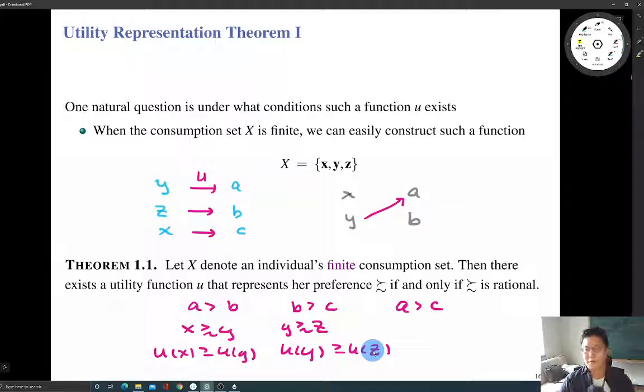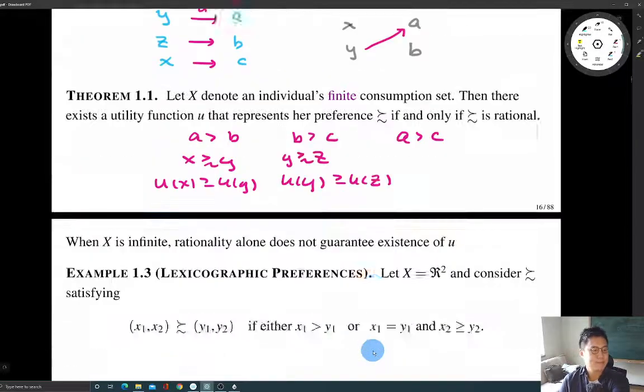So it must be transitive, okay. Transitivity is immediate from the fact that the real number system is also transitive.